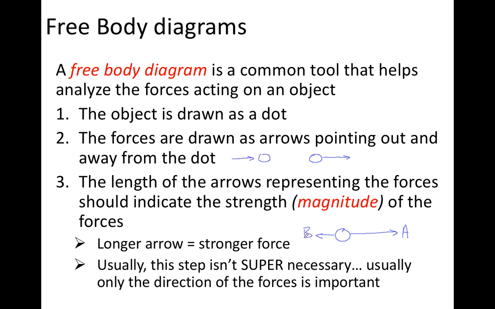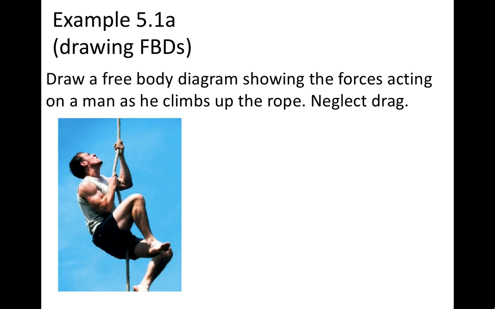So here in my drawing, the force exerted by B is less than the force exerted by A. Now, like you see here, this step isn't always necessary, but usually we're just concerned with the direction of the forces. Okay, on the next few slides, I'm going to demonstrate how to draw free body diagrams.